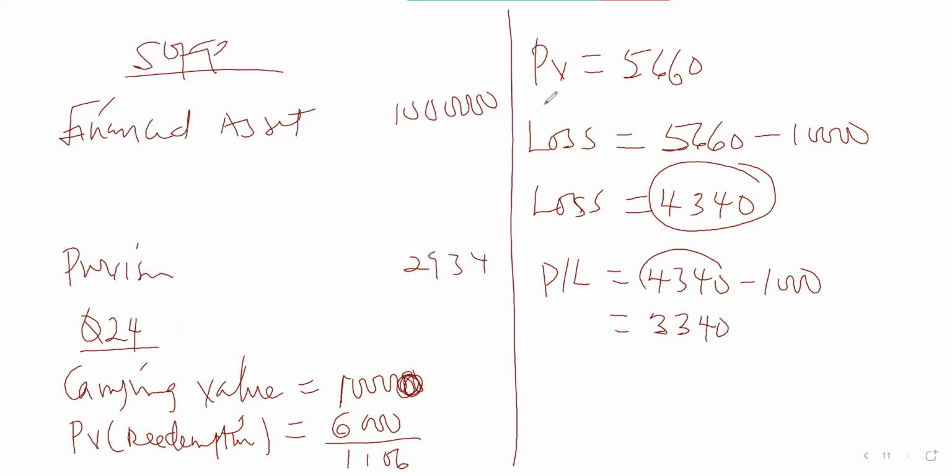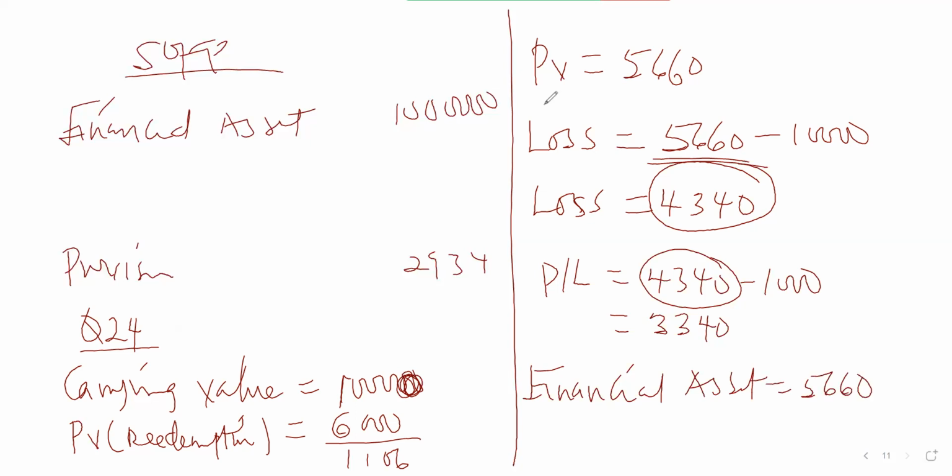The total loss is this, but you have already made a provision of 1,000 already. So the difference will go to profit or loss. But what we are going to do subsequently is that the loan note, the financial asset, will now be carried at its net realizable value or the recoverable amount. So the recoverable amount will now be 5660.